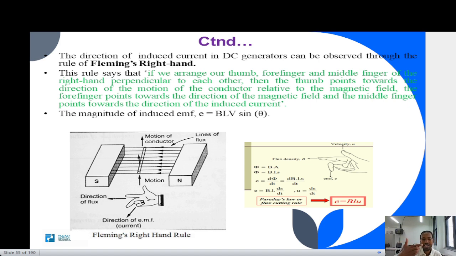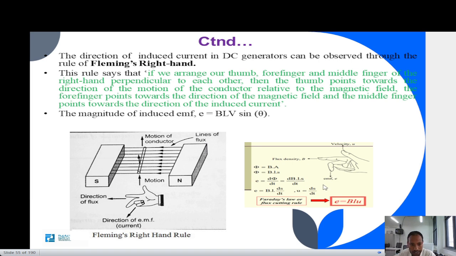If they are arranged at 90 degrees to each other, the thumb points towards the direction of the motion of the conductor relative to the magnetic field, the forefinger shows the direction of the magnetic field, and the middle finger points towards the direction of the induced current.